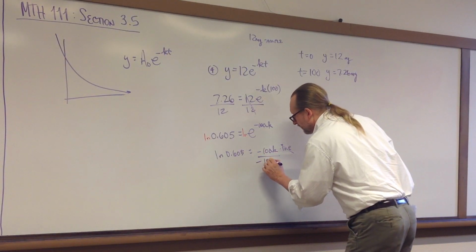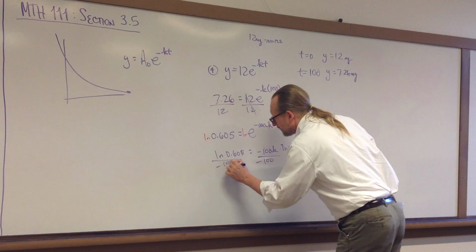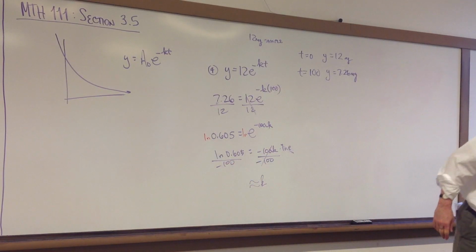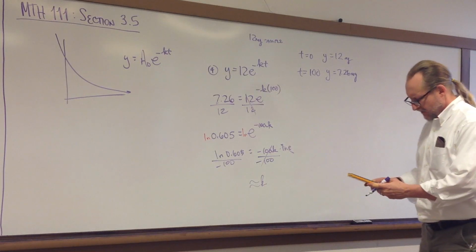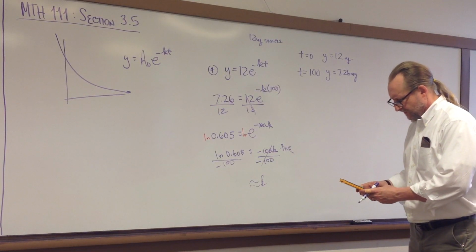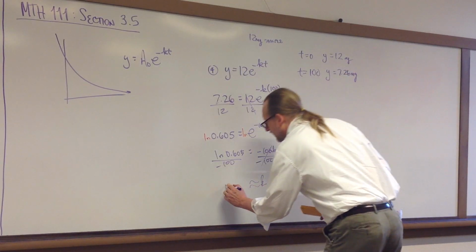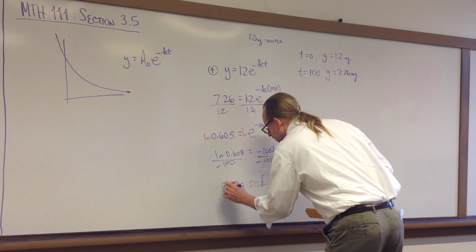And now we just need to divide on both sides by negative 100. And so that'll give us a good approximation for the value of k. So ln 0.605, and then divide by negative 100. So k is going to be about 0.005.